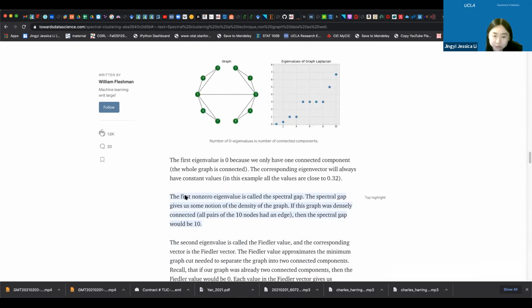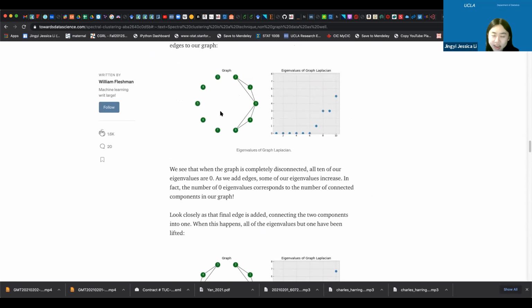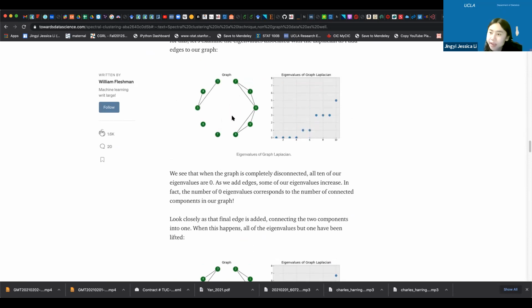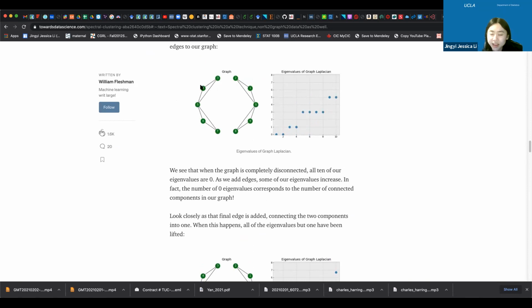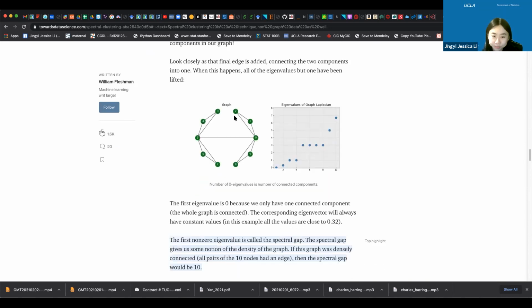You see the first non-zero eigenvalue is called the spectral gap. The spectral gap gives us some notion of the density of the graph. If this graph was densely connected, with all pairs of the 10 nodes having an edge, then the spectral gap would be 10. So it's actually about whether your network is fully connected or disconnected. This eigenvalue can give you that information.